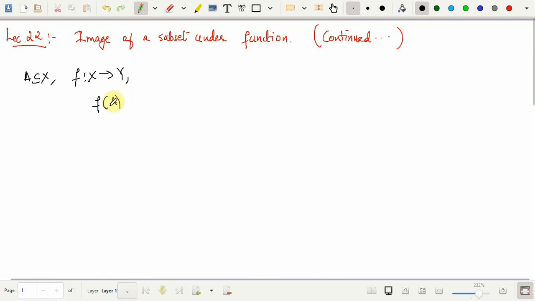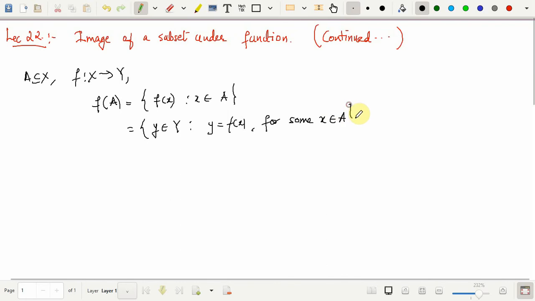This is not f of any point, it is f of A. It's a collection of all the elements of the form f of x, or a collection of all the images of the elements of A. In other words, this is the same as writing an element y in Y such that y is equal to f of x for some x in A. So these elements have a pre-image only in A.